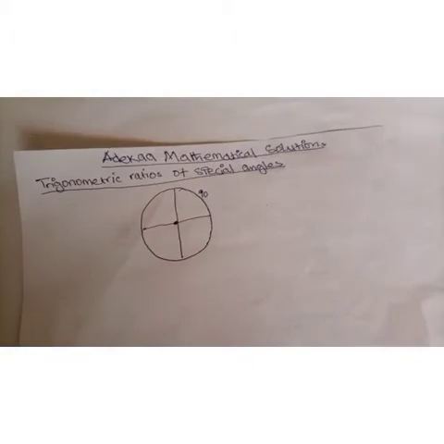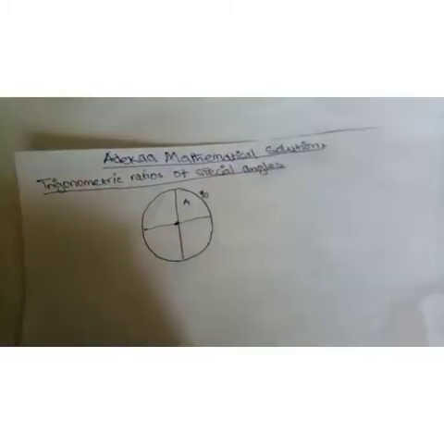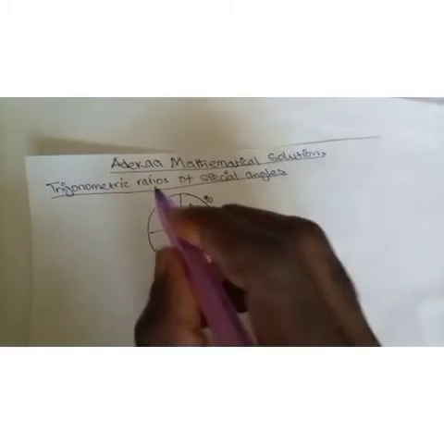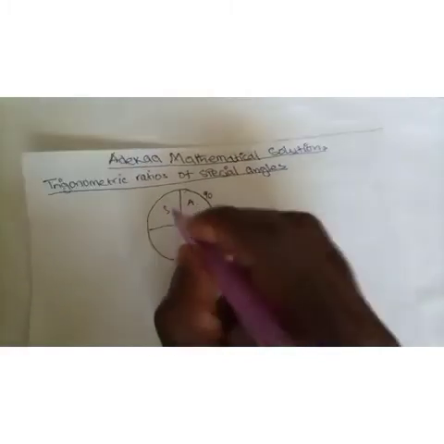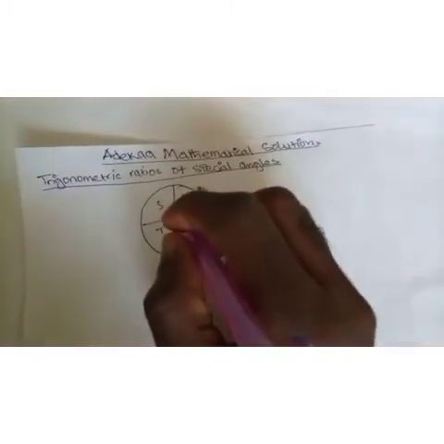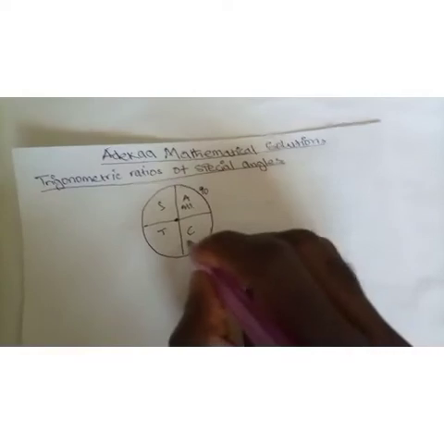Here being angle 90 degree, there is what we call CAST. Cast here is A, C, S, T.